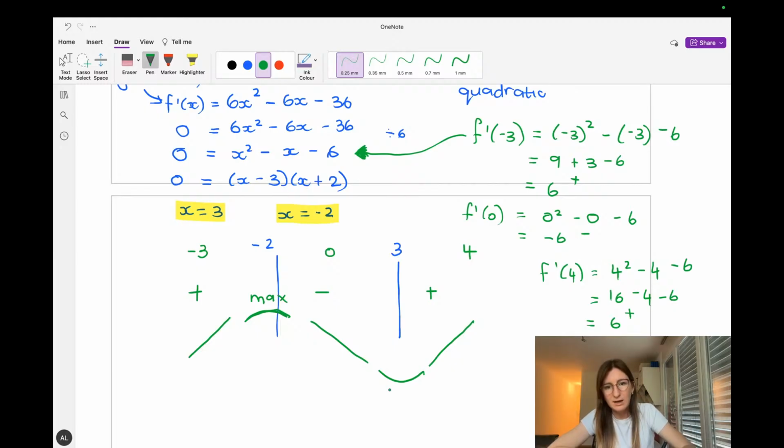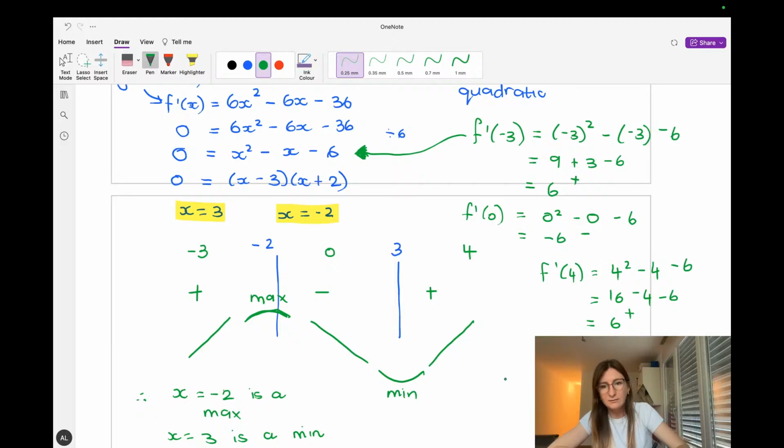And at 3, I have a minimum. There it's down, here it's up. So I can say that x equals minus 2 is a maximum. X equals 3 is a minimum.